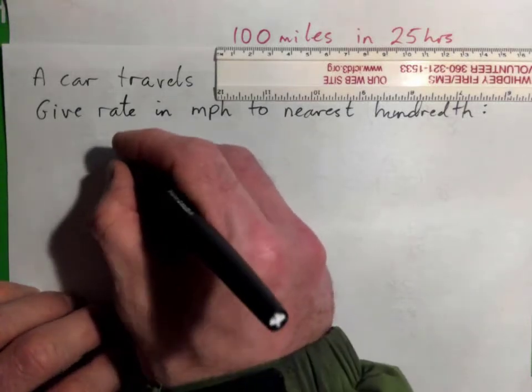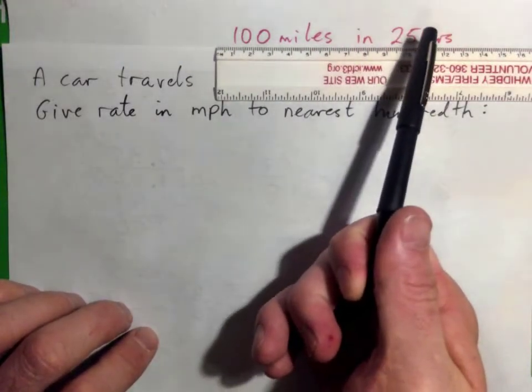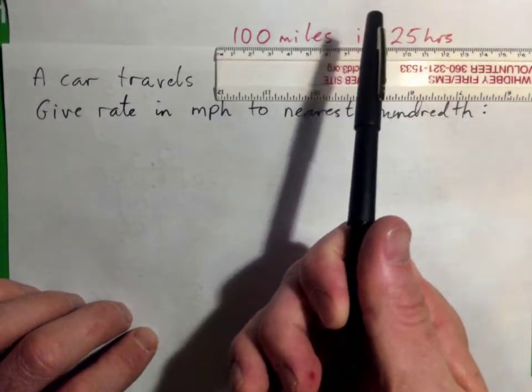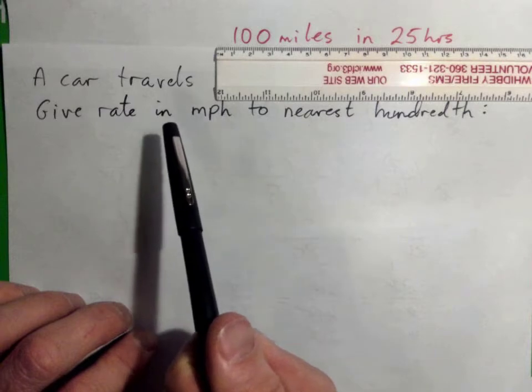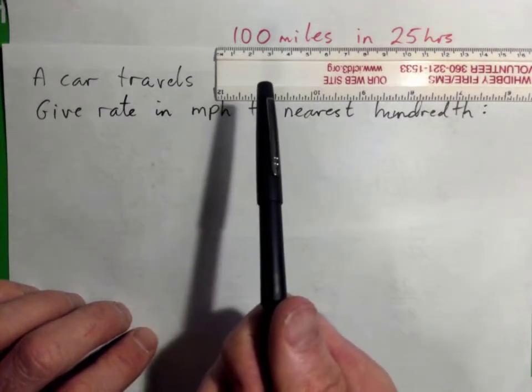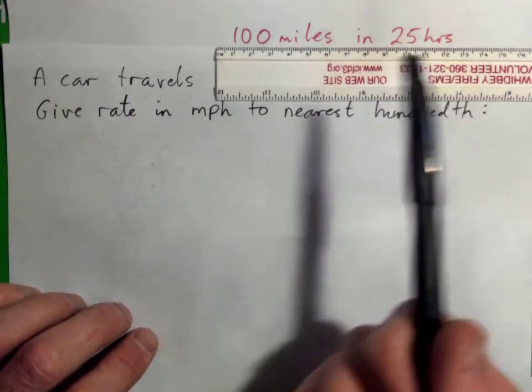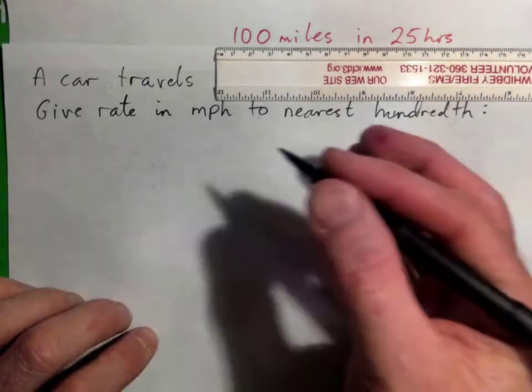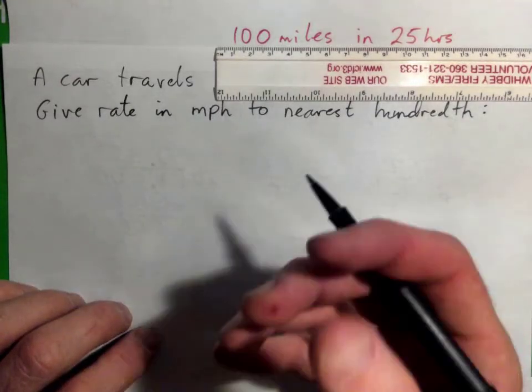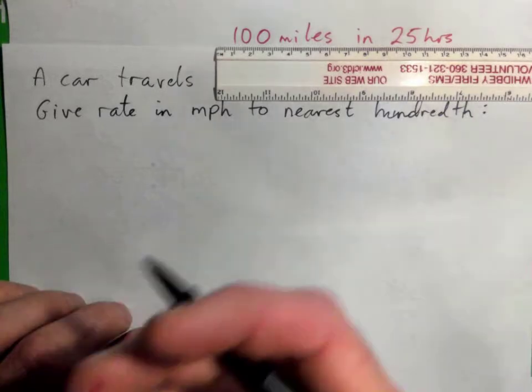Right. So it's 100 miles in 25 hours. And just looking at that, you might think, how fast was the car going? So every hour they covered how many miles, basically?